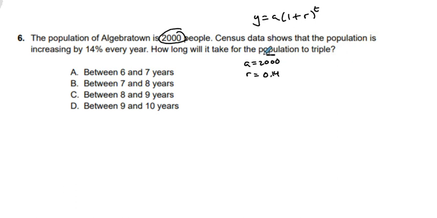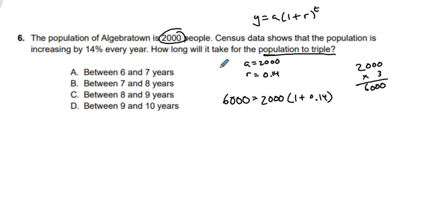It says how long will it take for the population to triple? All right, so for the population to triple, if it's 2,000 right now, triple would mean to multiply it by 3, right? And so that gives you 6,000. So what they're saying is, hey, our final population is 6,000. My initial population is 2,000. We have our 1 plus 0.14. And they said, how long? So they're asking us to find the time.